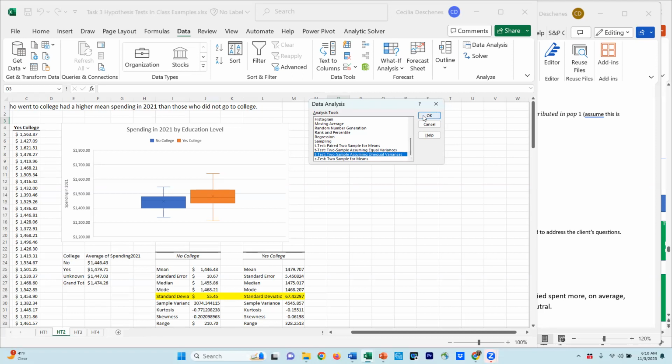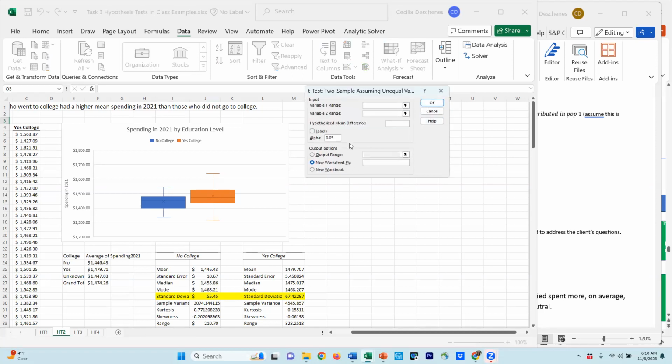The GUI box here, GUI stands for graphical user interface, which is the little box we're going to type things into, is going to look the same. It's just going to be different math calculations in the background.